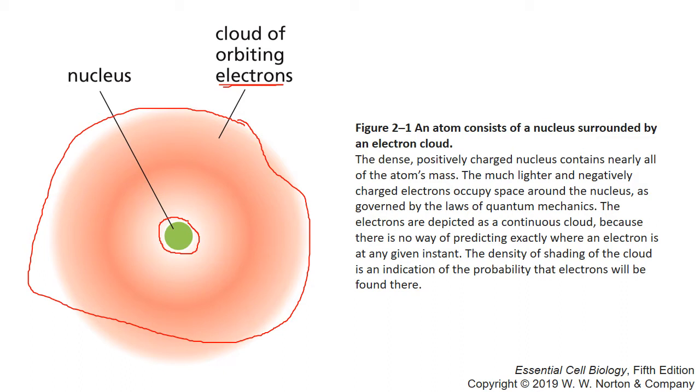Now, your electrons are going to be in orbit, and they will tend to have a negative charge. And then inside of the nucleus itself is where we're going to find our protons. And our protons have a positive charge. And you will also find your neutrons there.